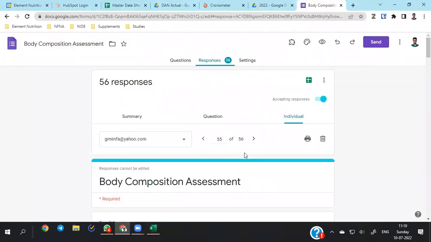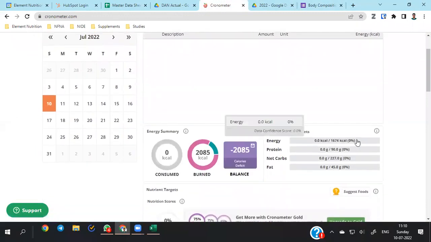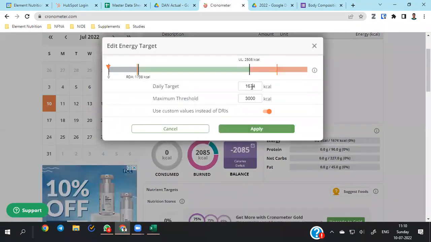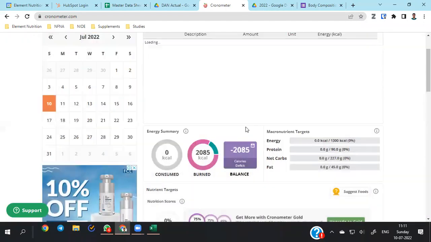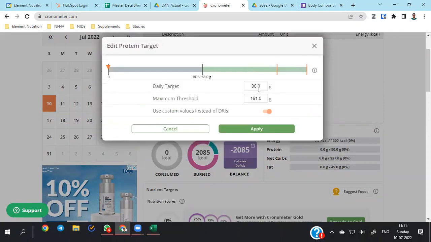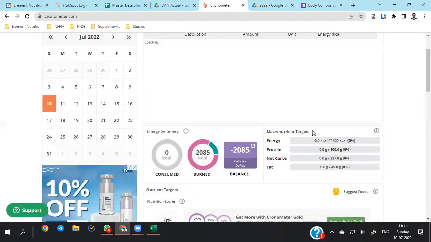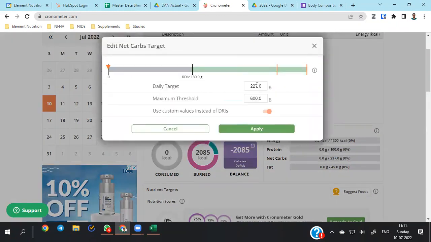We'll open Cronometer, which is open already. We'll put all of the details over here. The daily target is coming to 1300, give or take. Protein 100. Carbs 110.